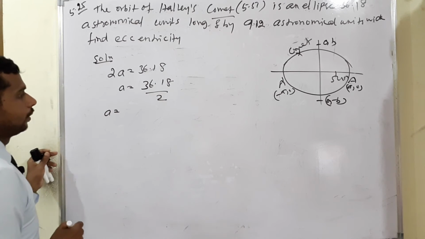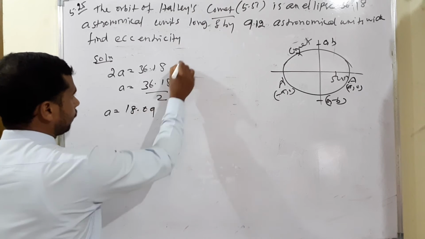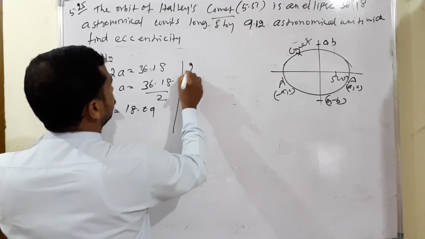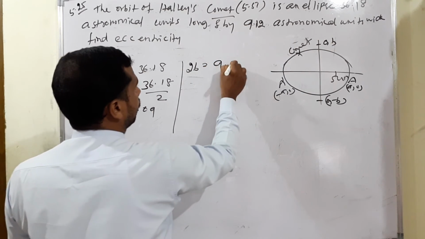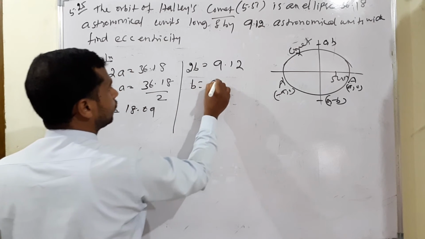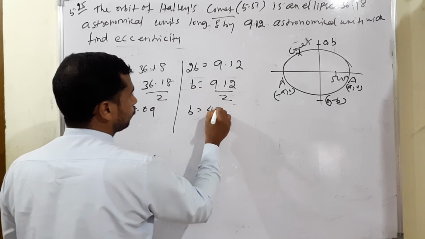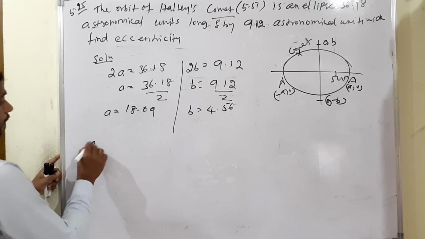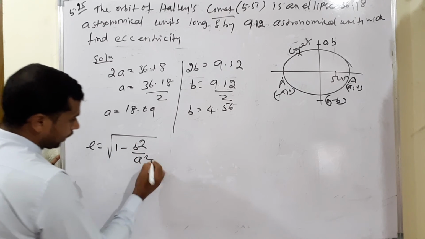Therefore A is approximately 18.09. The next one, 2B is equal to 9.12. So B is equal to 9.12 divided by 2. Therefore B is equal to 4.56. Now eccentricity E is equal to the square root of 1 minus B squared by A squared.